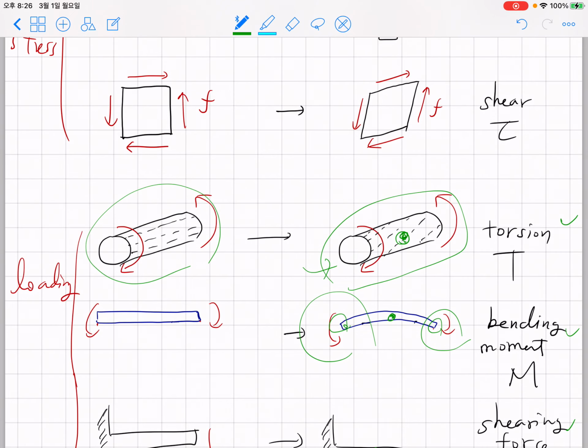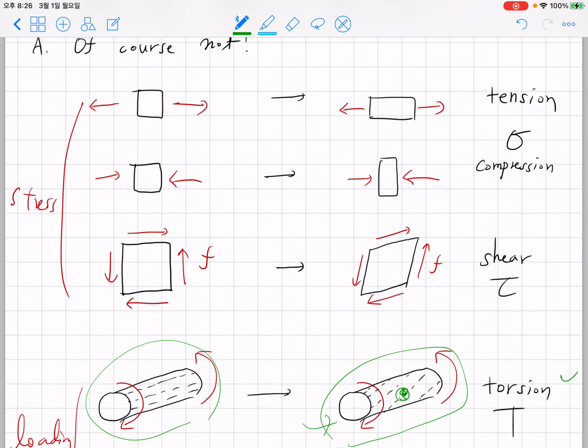But if you focus on this little tiny body, you can decompose the loading of this infinitesimal body as tension, compression, and shear, and we'll call this stress we're gonna analyze.